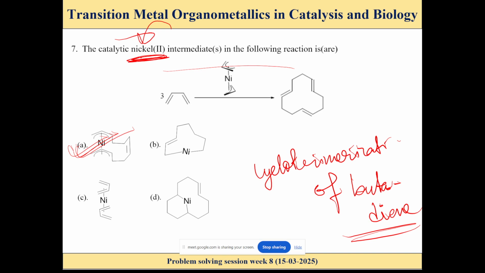So we will discuss this example. We have two questions from this topic, from this mechanism. So we'll discuss two questions together. So option A will be the correct answer for this question.